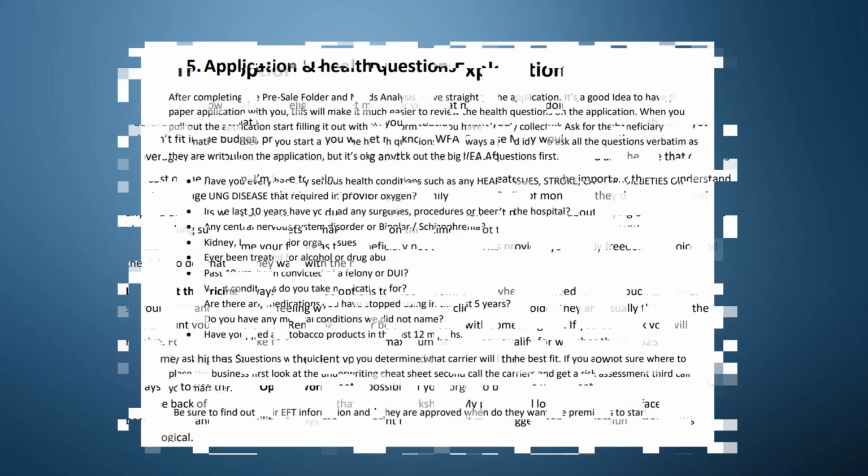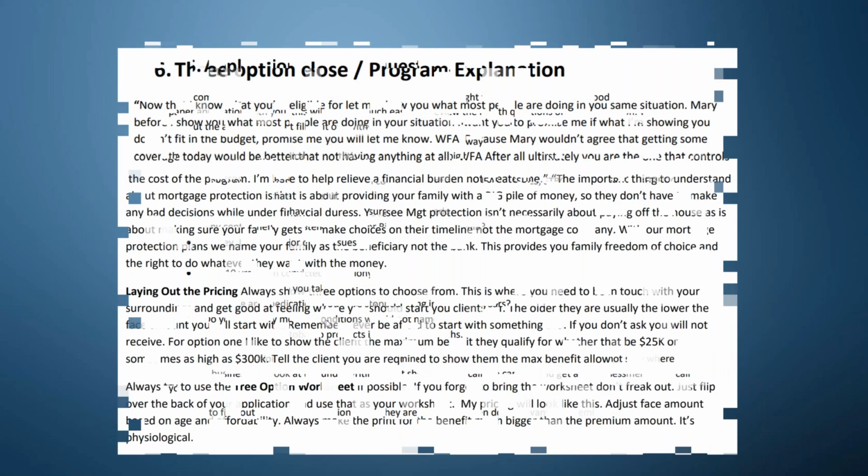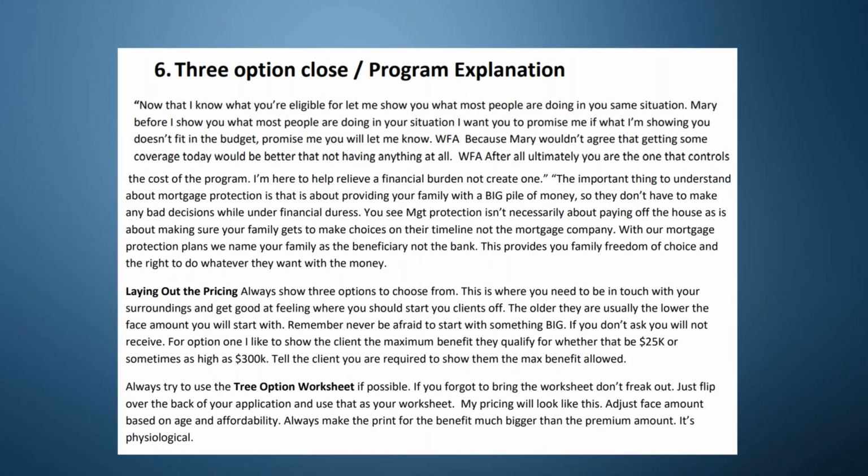All right, transitioning into part 6, the 3-option close, and what I refer to as the program explanation. This is where we're going to sell them on a little bit more about the concept of mortgage protection. The one big thing about mortgage protection, what you don't want to do is get yourself in a trap where it's like an all or nothing situation.